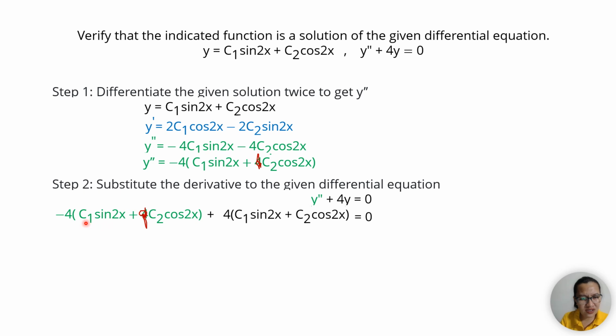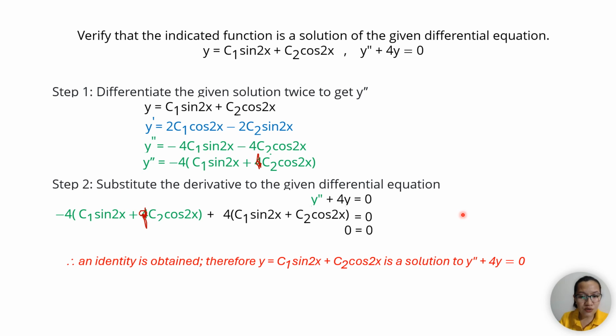So as you can see, this is negative 4 and that's positive 4 here, and the terms inside the parentheses are basically the same, so they cancel, so 0 is equal to 0. And so we conclude that the relation y equals c sub 1 sine 2x plus c sub 2 cosine 2x is a solution to the differential equation y double prime plus 4y equals 0.